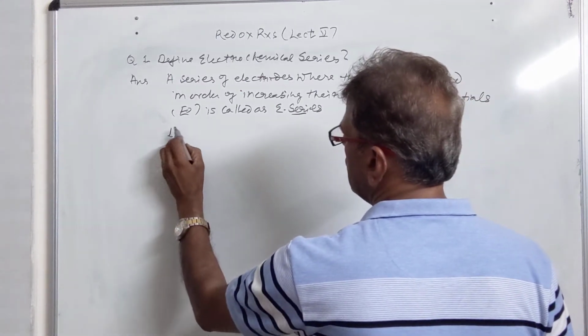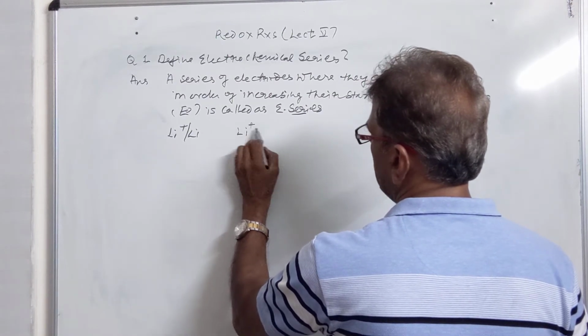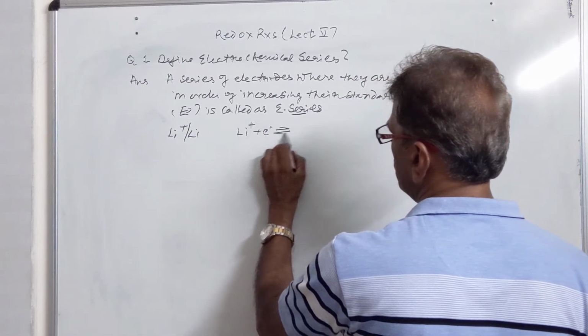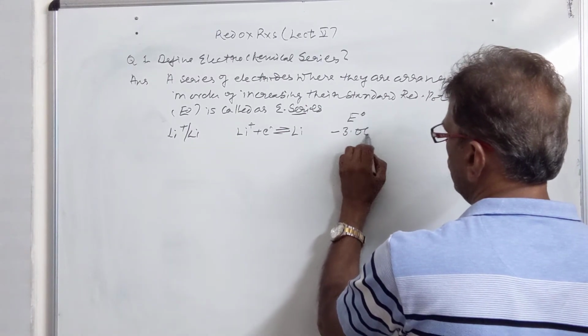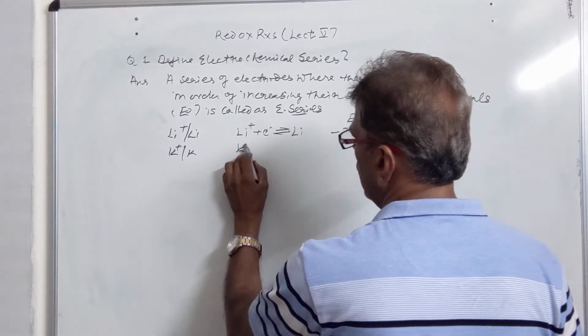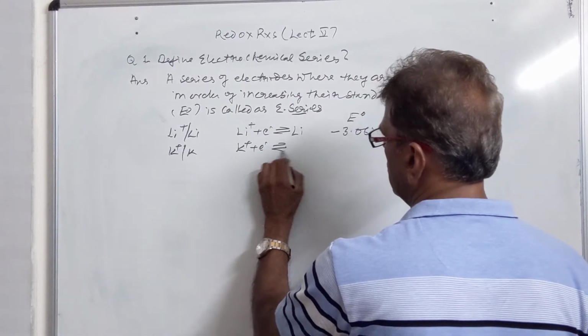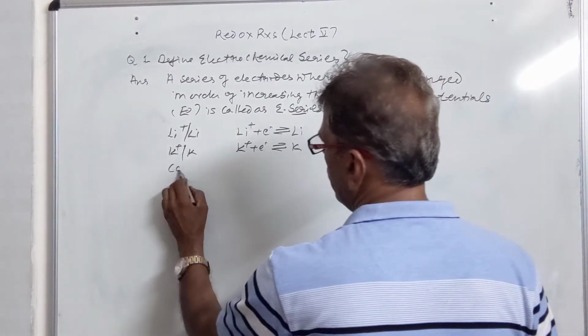First of all, in this series it is the lithium electrode. The electrode reaction is like this. The E naught value of the lithium electrode is 3.06 volt. Then we have the potassium electrode. The electrode reaction is like this, 2.93 volts. Then we have cesium.